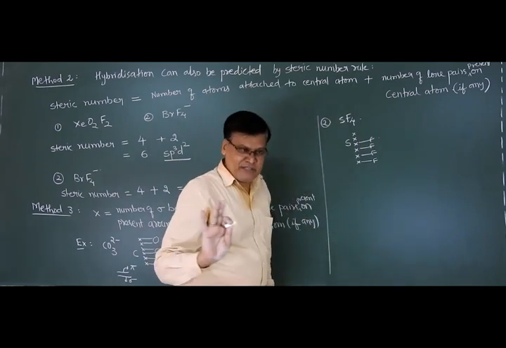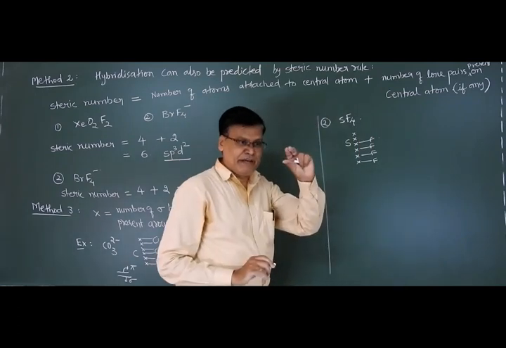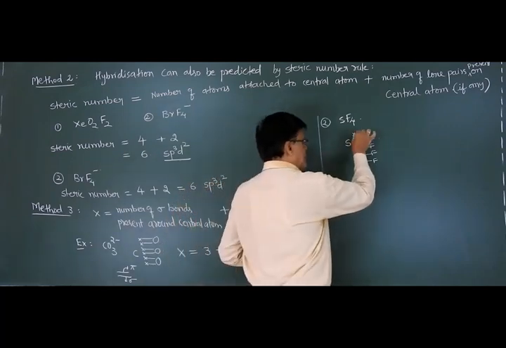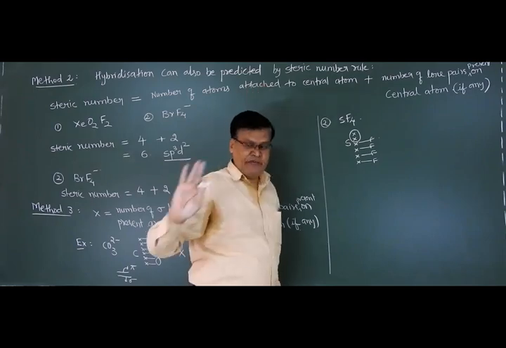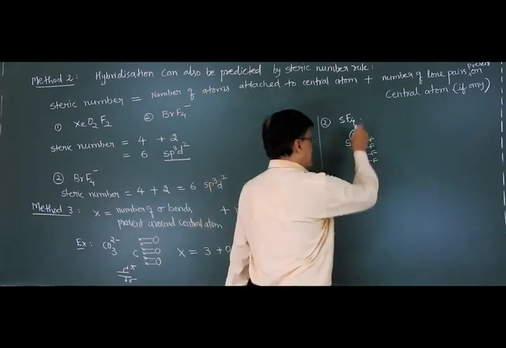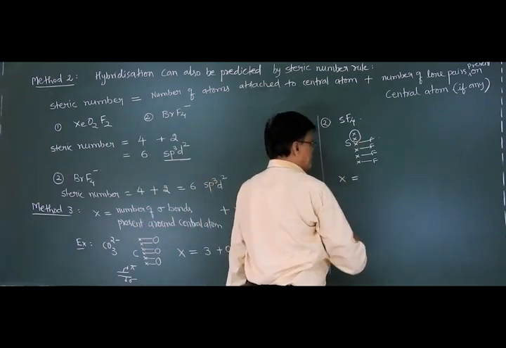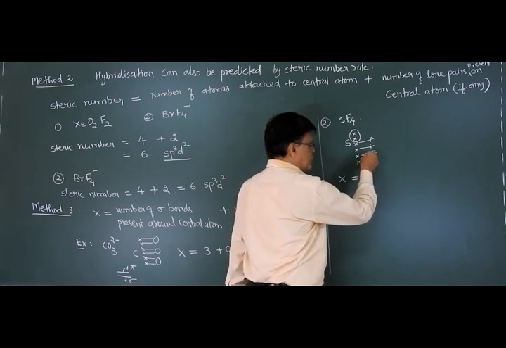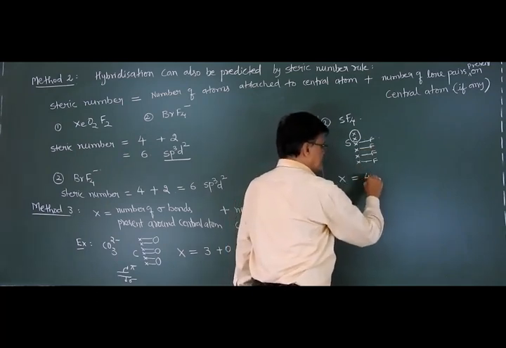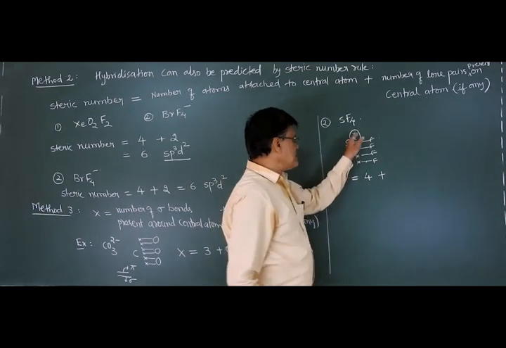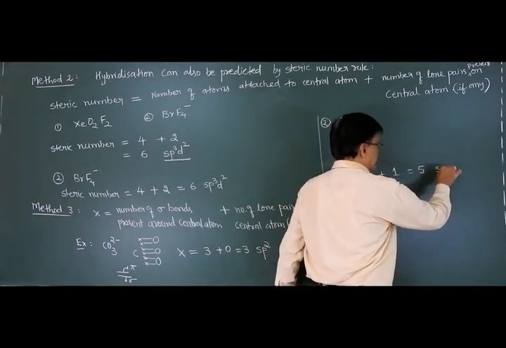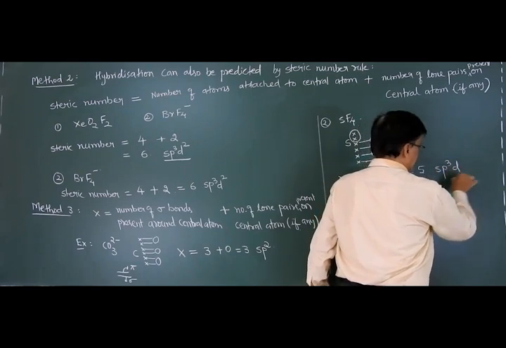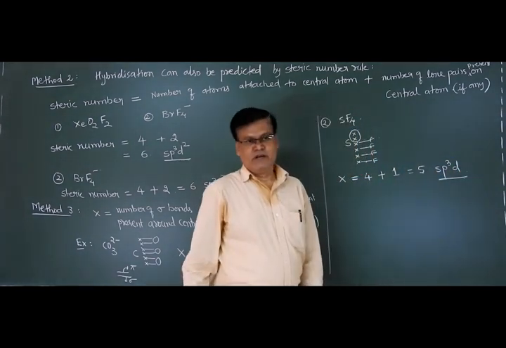Remaining electrons, whatever remain, make pairs. 2 electrons make one pair, another 2 electrons another pair. According to the formula, X equals sigma bonds 1, 2, 3, 4. 4 sigma bonds. How many lone pairs? 1 lone pair. 4 plus 1, 5. 5 is nothing but sp3d hybridization.